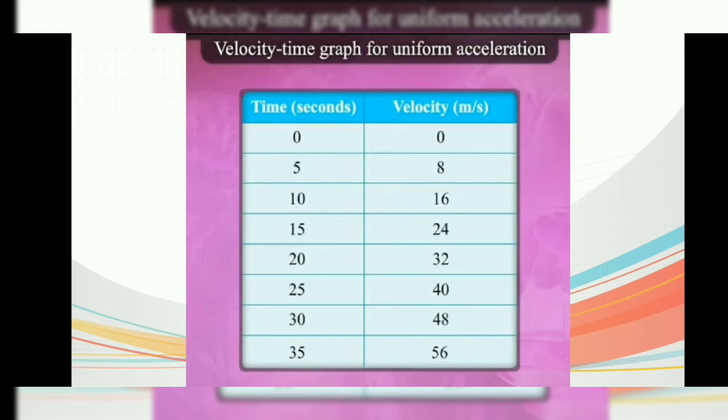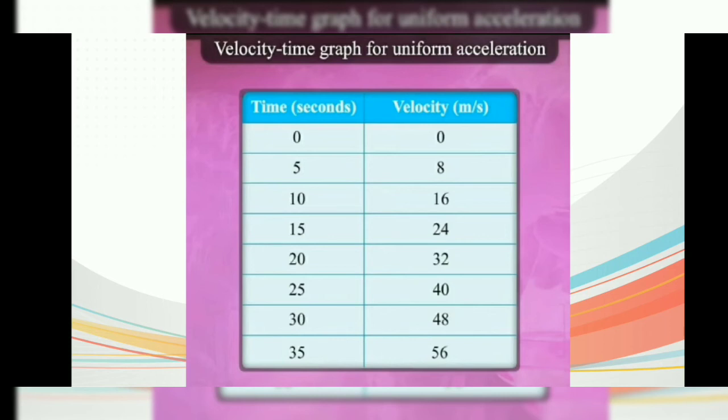Here the time in seconds is 0, 5, 10, 15, 20, 25, 30, 35. So, there is an equal time interval of 5 seconds, right? And here velocity is 0, 8, 16, 24, 32, 40, 48, 56.